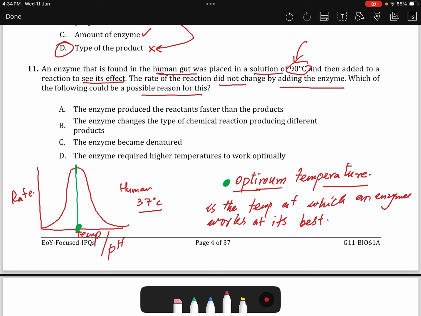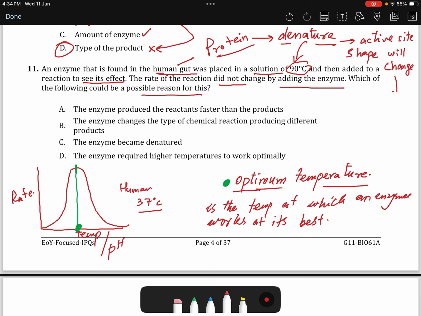Since we know that enzymes are proteins, these proteins will denature, and when they denature, the active site shape will change. Now what does the active site do? It binds with the substrate, right? So no substrate can bind to it. When no substrate can bind, there is no reaction and no product will be produced, and that's the whole logic behind the question.